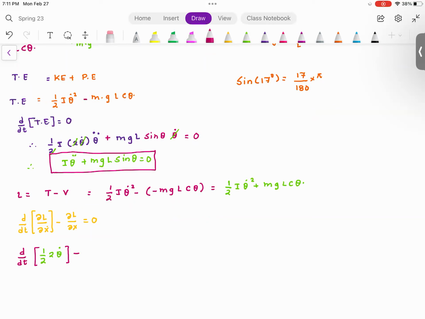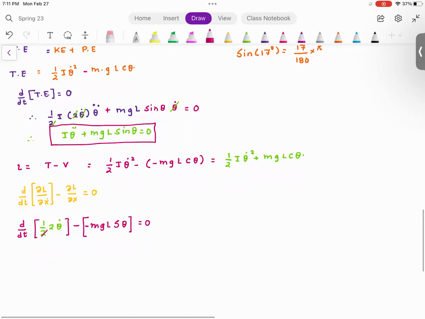Then minus partial L by partial theta: the derivative of m g L cosine theta becomes sine theta, with a negative sign. Do you agree with me? This will become 0. So I need to take the derivative.